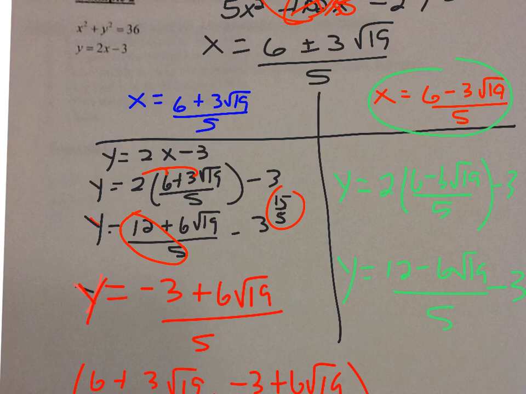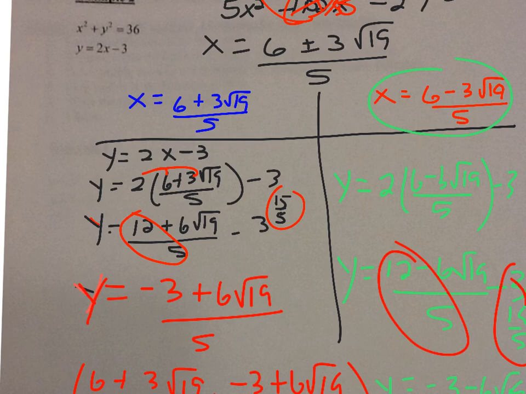So I can combine like terms, so the 3 becomes 15 over 5, remember. Then I can combine the 12 fifths and minus 15 over 5, so that's negative 3. So y is equal to negative 3 minus 6 times the square root of 19 over 5.